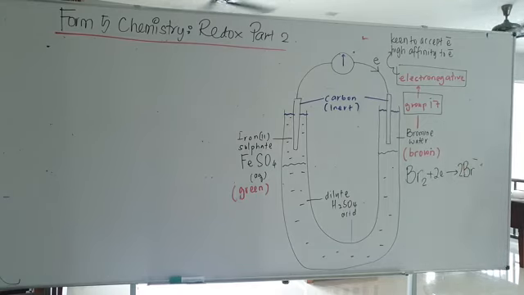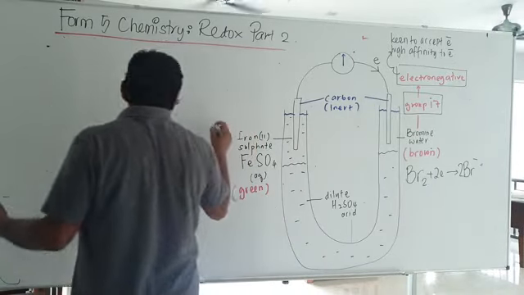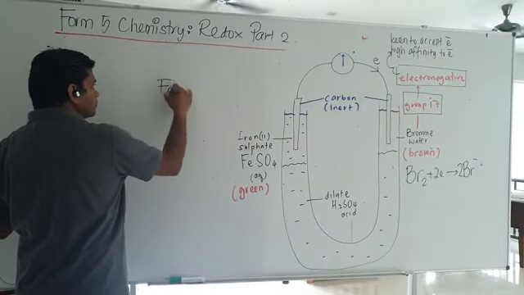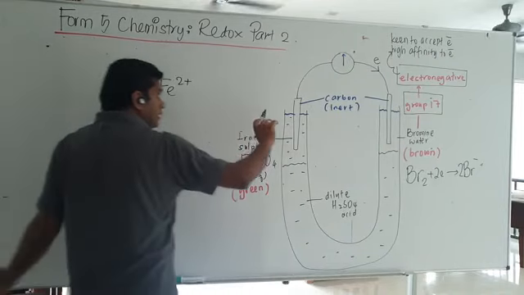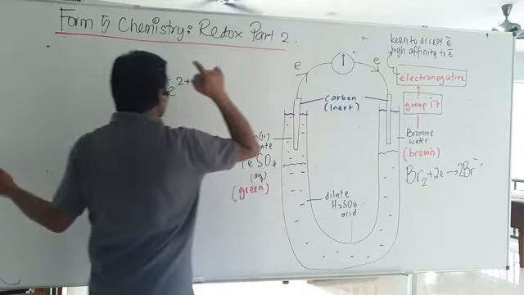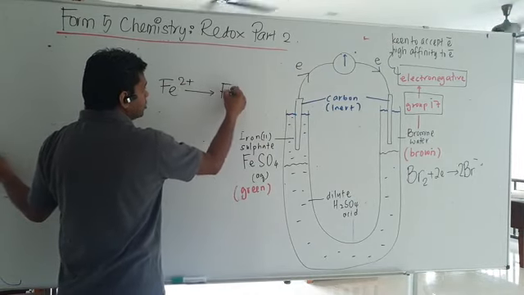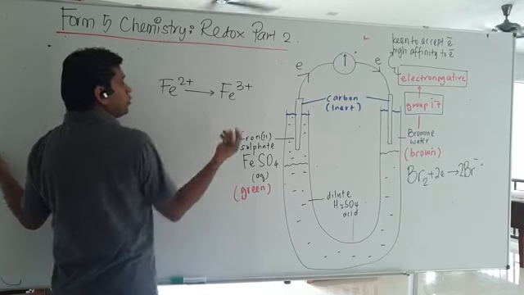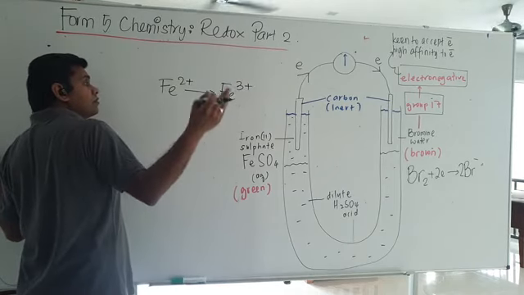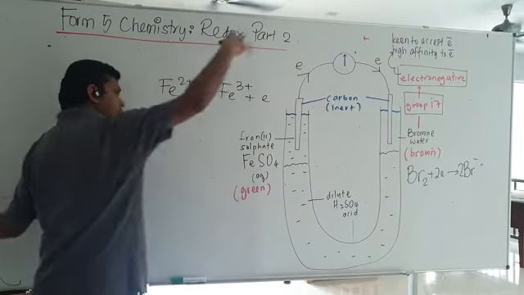You see that? So on this side, now we have iron. Since the electron is moving out here, somebody has to give. So the iron(II) ion is going to give the electrons and become Fe3+. What did I tell you, where to write the electron? Electrons are always written on the more positive side. Can you see? It donates the electron, giving away.